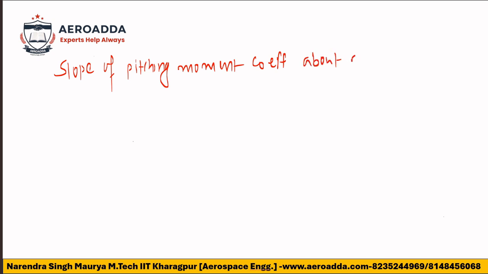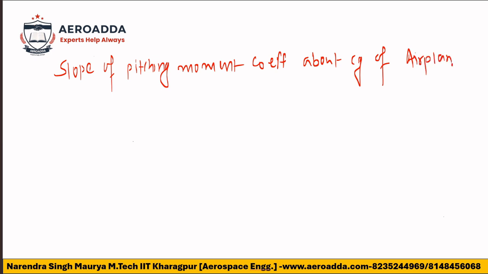So now, as I have told you, I'm just going to write the same formula in terms of the slope of the pitching moment coefficient about CG of the airplane.